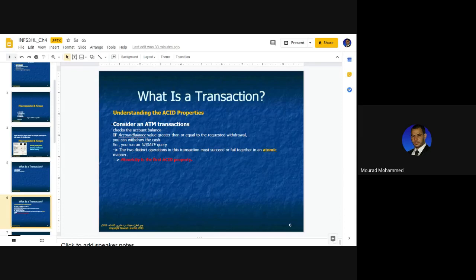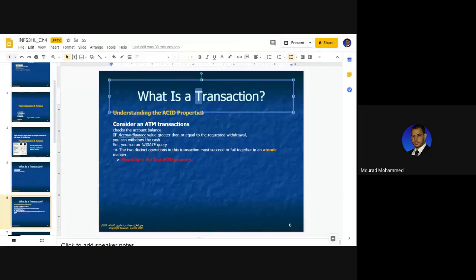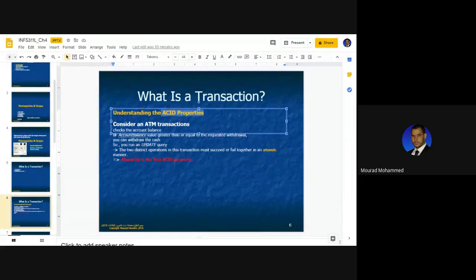So, to understand what ACID is: those four properties that the transaction has to be built on. When we say that a transaction is fulfilled, secured, exactly doing what it has to do, it is if it conforms to the ACID properties. ACID, I repeat: atomicity, consistency, isolation, and durability.